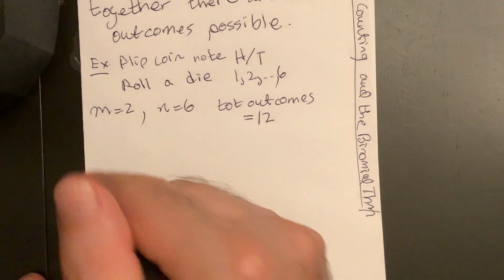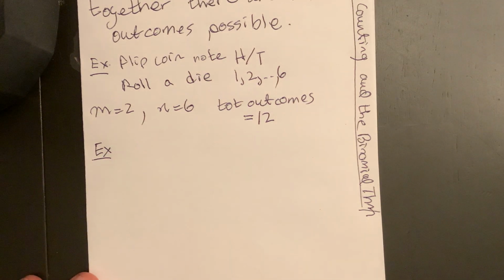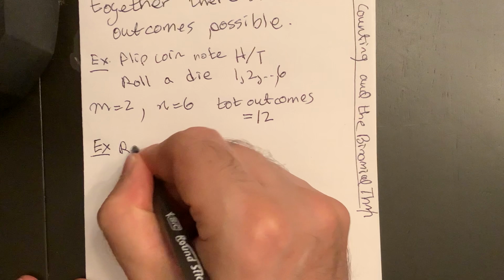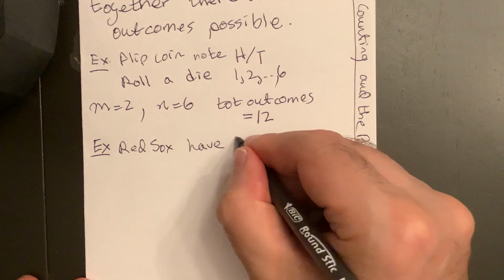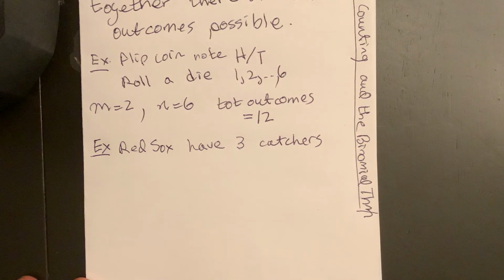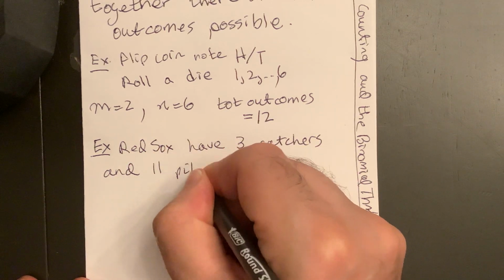In baseball, there is a team of 9 players, and they're assigned to positions, and there's always a catcher and a pitcher, one of each. So the Red Sox have, say on their current roster, 3 catchers and 11 pitchers.